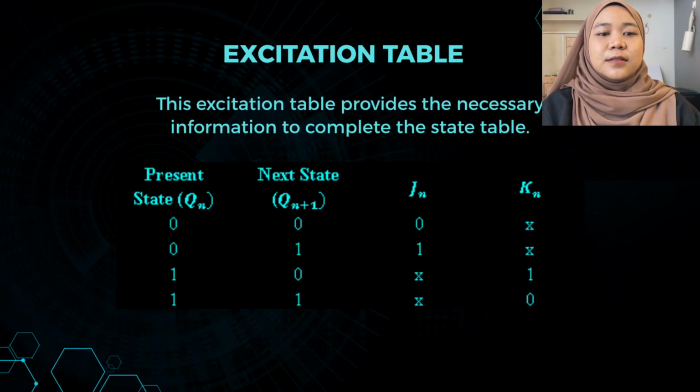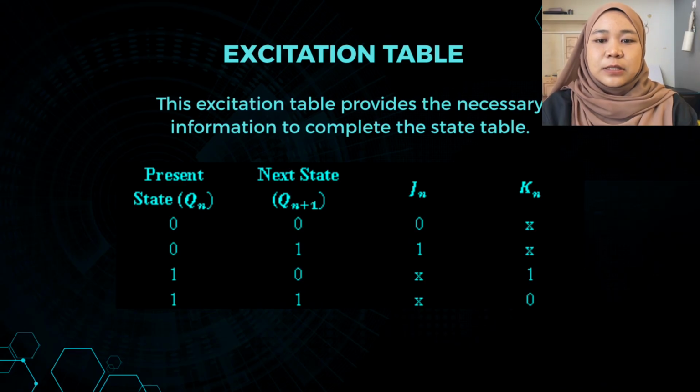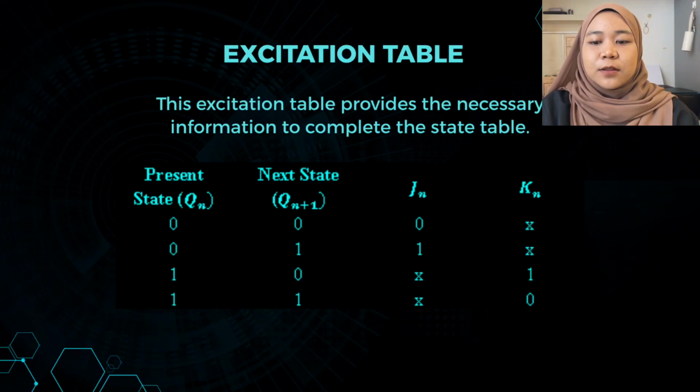Next is excitation table. This excitation table provides the necessary information to complete the state table. To design a synchronous counter, we need to determine the required input for each flip-flop for every transition in our sequence. We achieve this by utilizing the JK flip-flop excitation table.